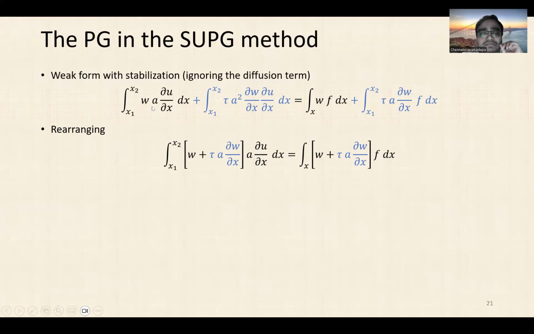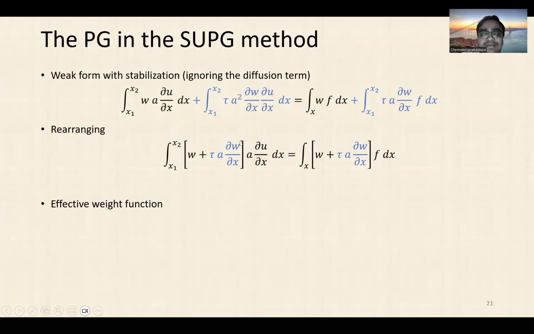From the first term we have w, and from the second we get tau a dou w by dou x, so we put that in the bracket. Similarly, we merge the other two terms by taking the common factor f, so we have w plus tau a dou w by dou x. If you notice, inside the bracket we have the same expression on the left and right hand side.